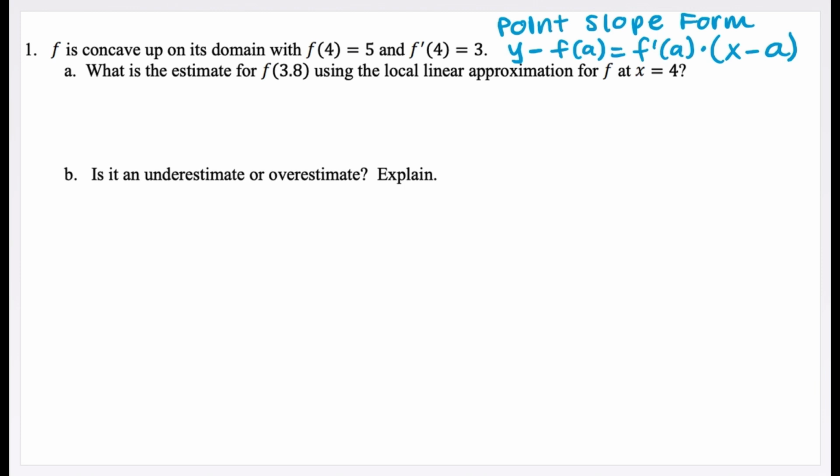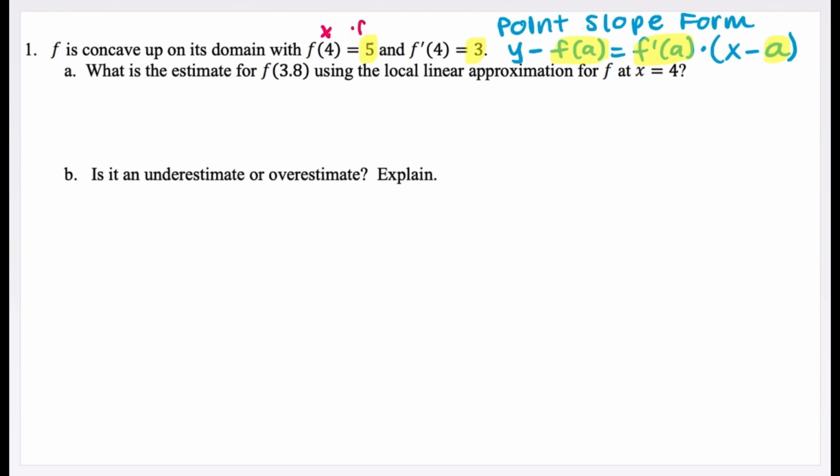Now I'm going to point out what all these things are. Right here, this is just the y value from the point. This is just the slope at the point. And this is the x value of the point. So the 4 is the x.